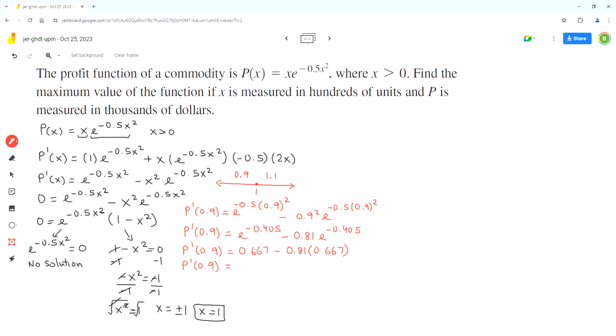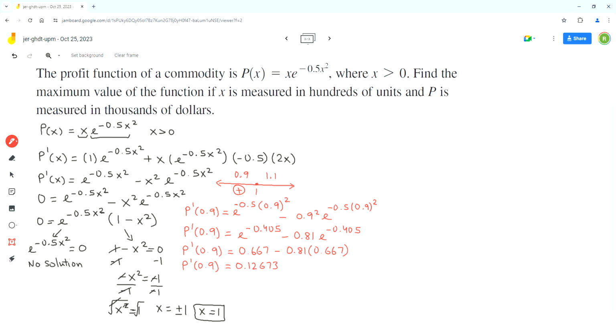So I got 0.1263. So I got a positive value for the first derivative on the left side of x equals 1. So that means the function is increasing on the left side of x equals 1.